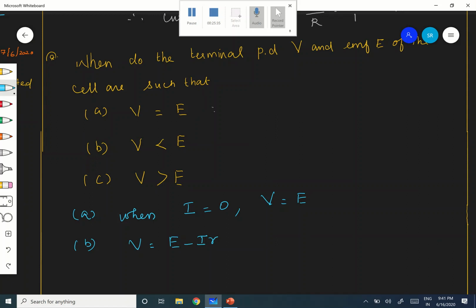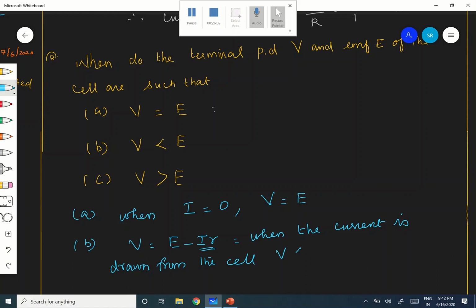Correct? Therefore, now when current is drawn from the cell, you know that there will be a potential drop across the internal resistance.